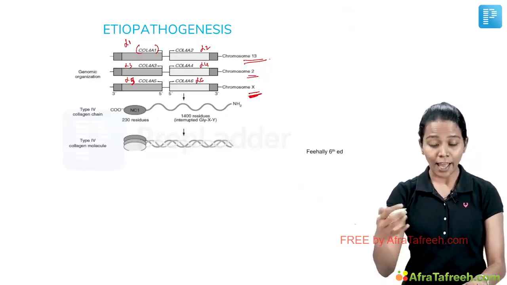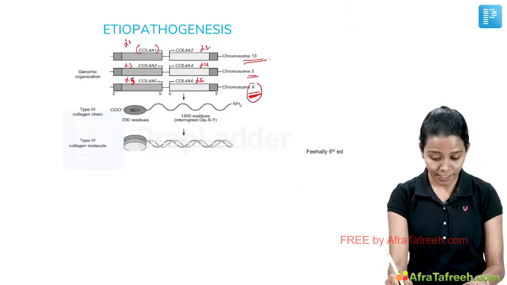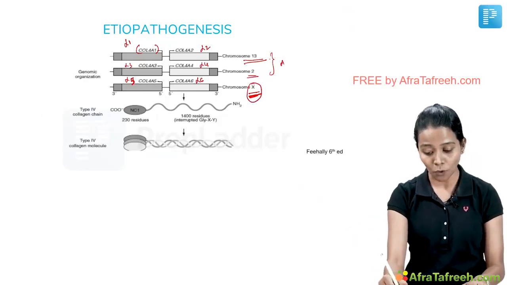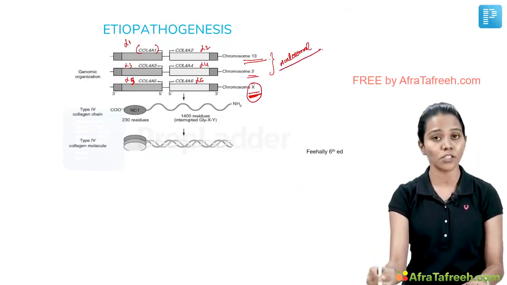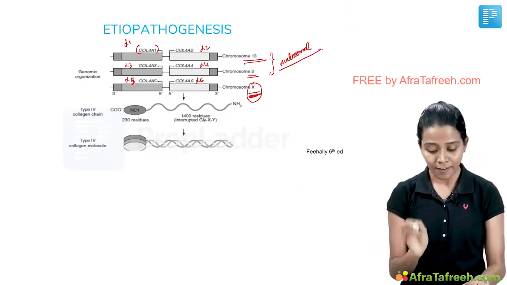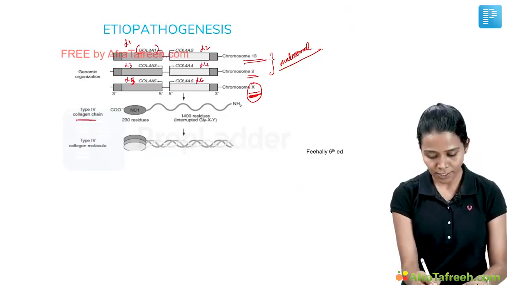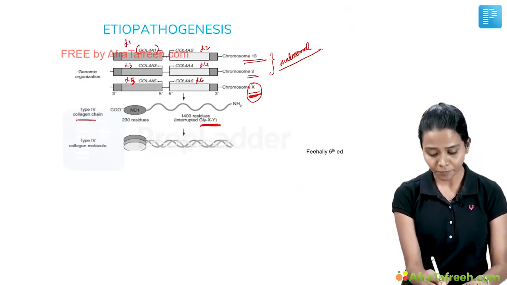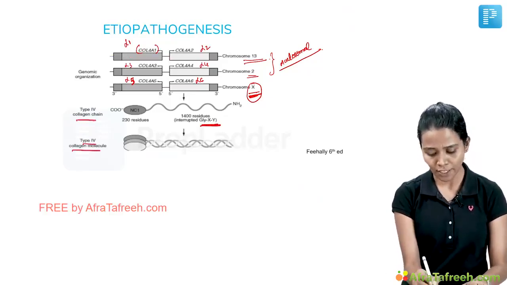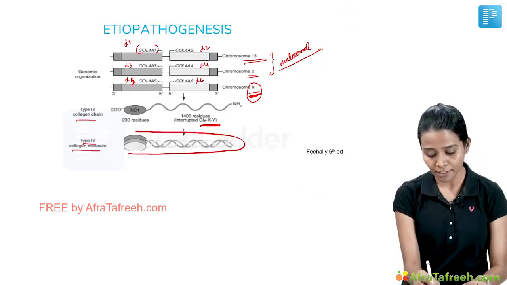So there can be different types. There can be X-linked inheritance and there can be autosomal inheritance, because of the different locations of these genes, right? So this is the type 4 collagen chain. This is showing a single alpha chain which has a glycine X, Y repeat, and then the type 4 collagen molecule which is formed of 3 alpha chains, 1, 2 and 3.